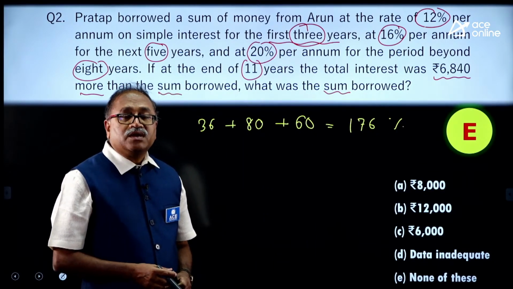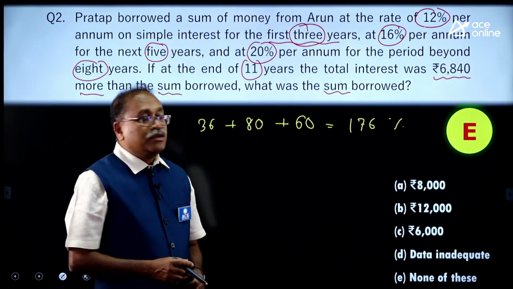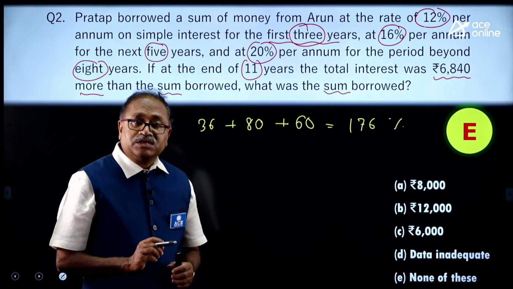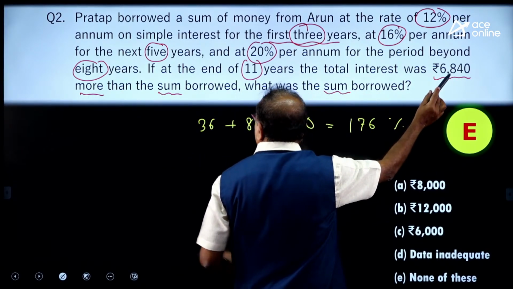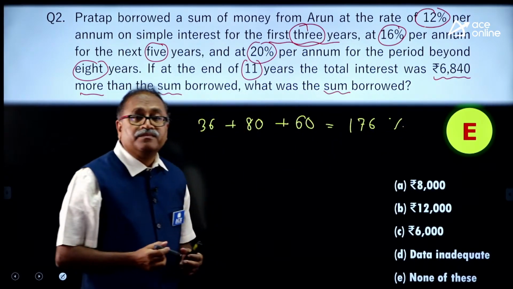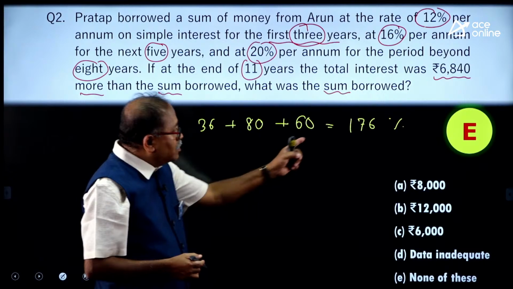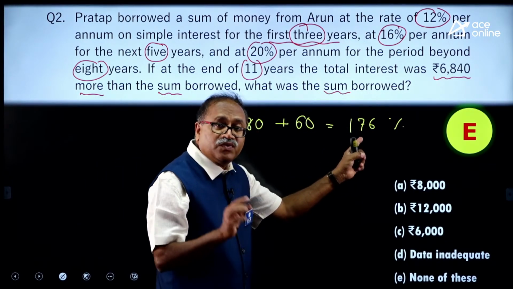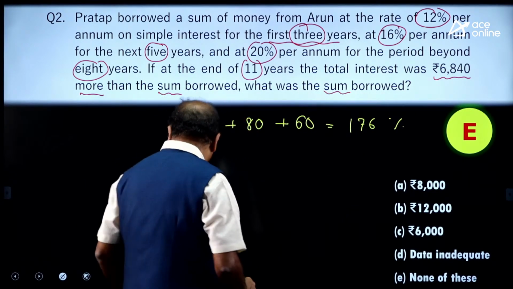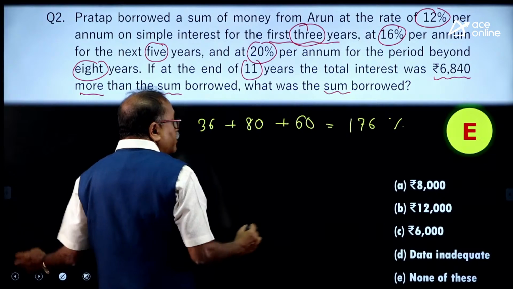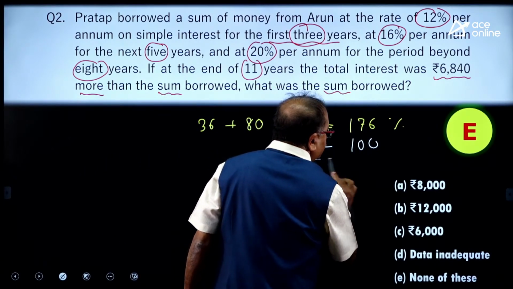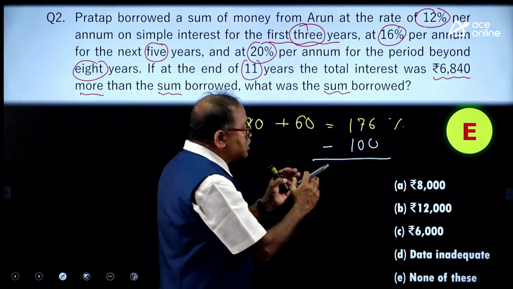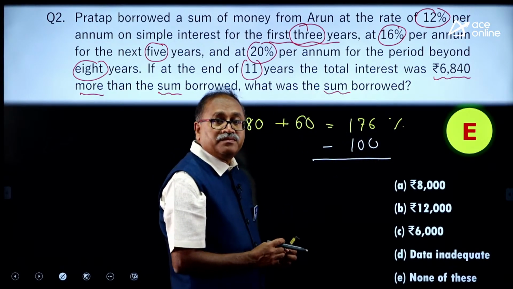Now, do I have the interest? No. But what do we have, the sum? No. But what I have is, this is 6,840 more than the sum. So, the sum is 100%. So, if I take out the sum as 100%, then this is how much more than the sum.